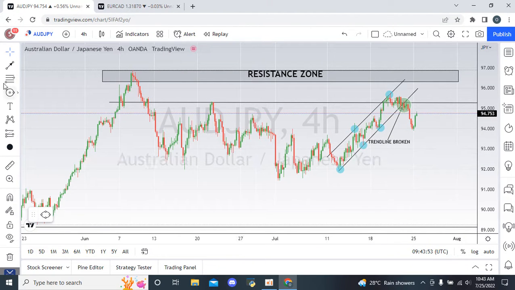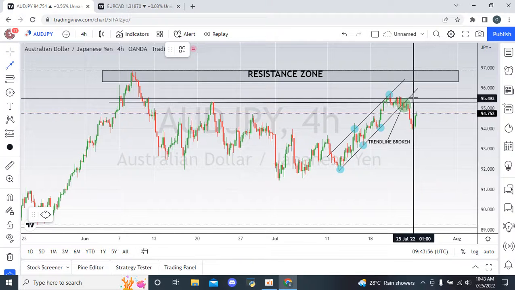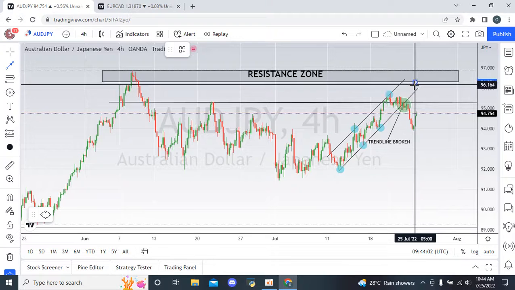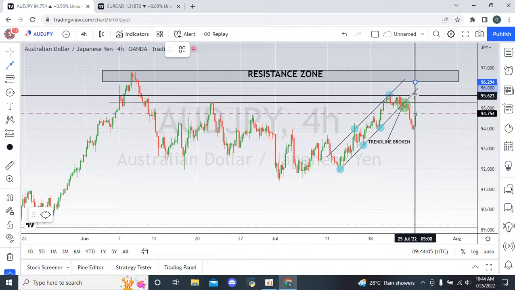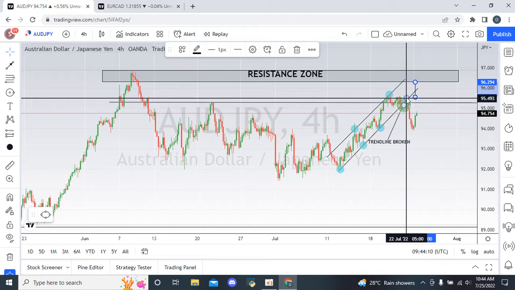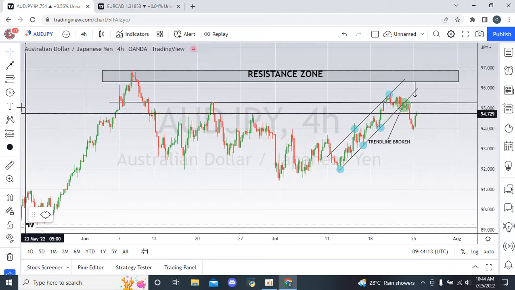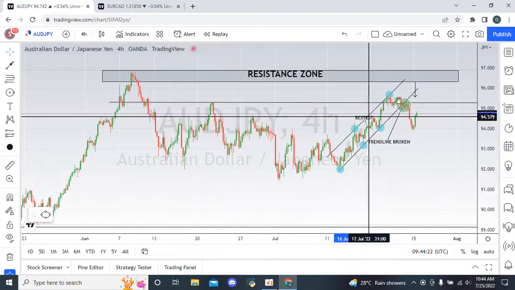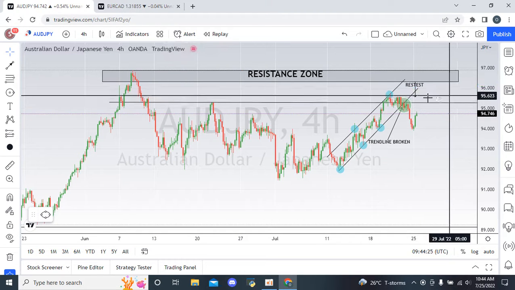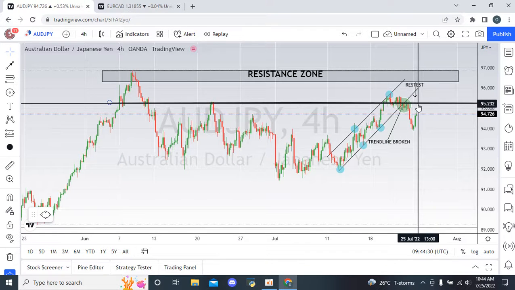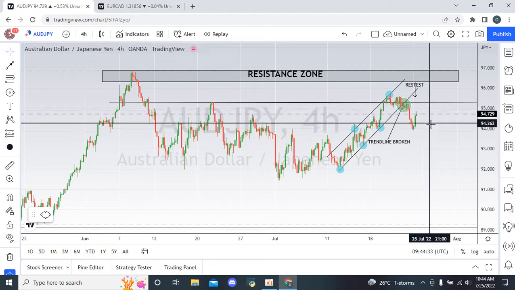Okay, so what is going on in the market? Price is coming to retest the exact position where the price broke out of the trend line. But in some market conditions, the price may exceed this line where it broke out and come up to test the trend line. So we should expect both right now: either the price will test just this level, this line where the price broke out, or it will come up to test the trend line itself.